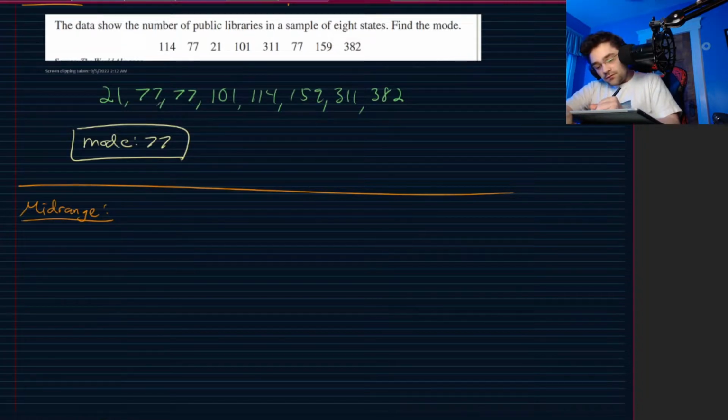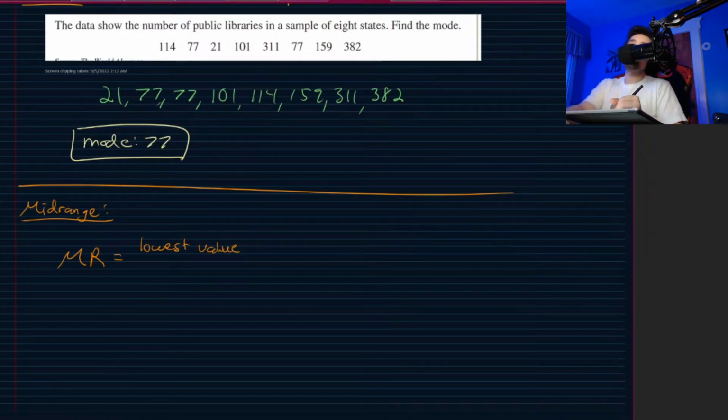So the formula is that mid-range, MR, is the lowest value. It's the average. Oh, I'm sorry. I was mixing it up with range. Mid-range, sorry, I misspoke. It's not the highest value minus the lowest value. That's range.